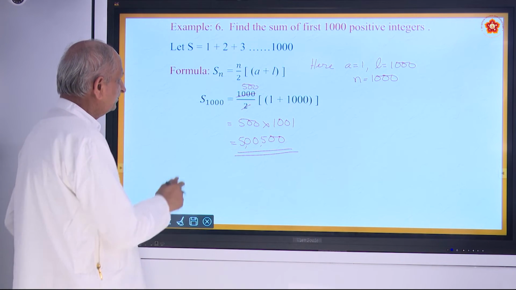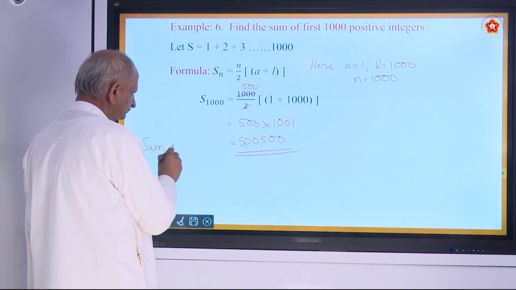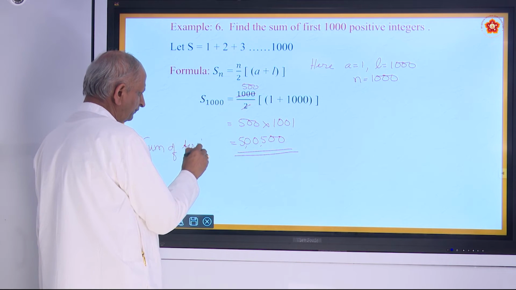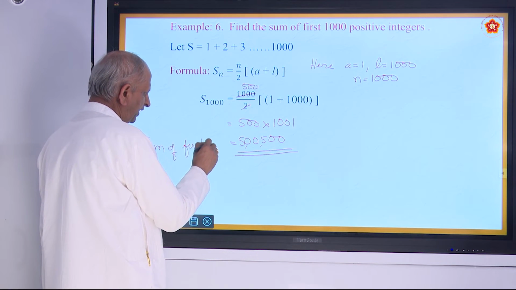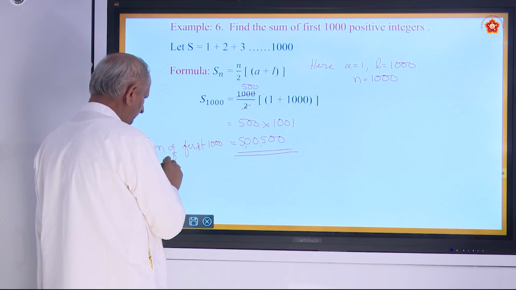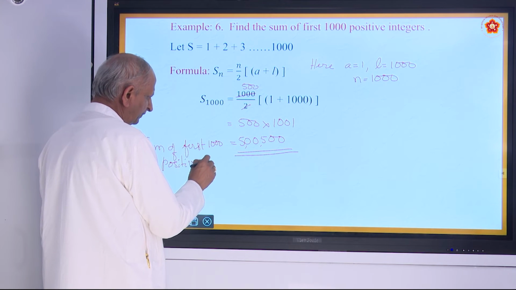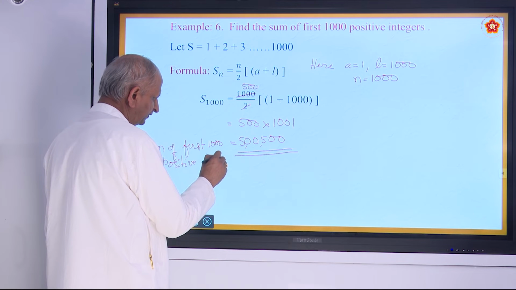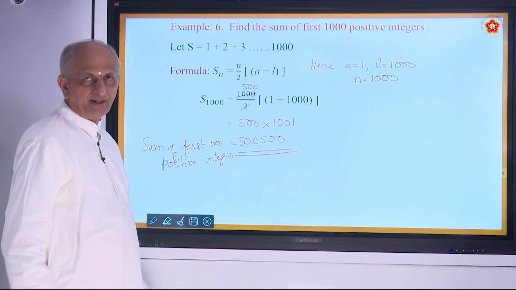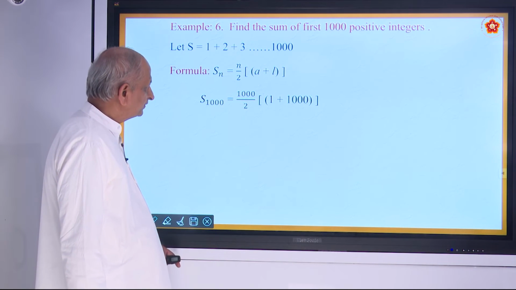So you must write it as sum of, answer is very important, sum of first 1000 what? Positive integers. Positive integers means whole numbers, not fractions, is equal to 5,500,000. Got the answer? Very nice.